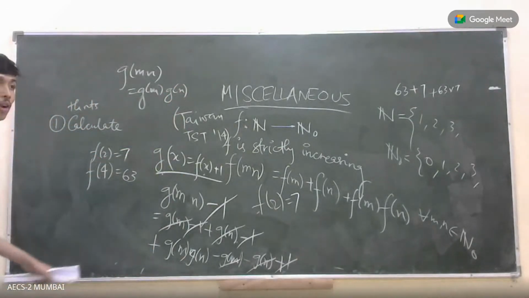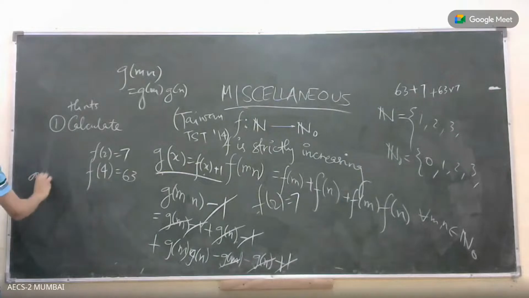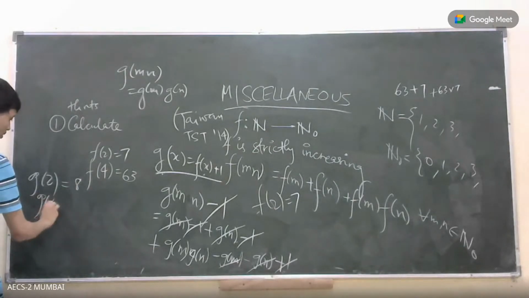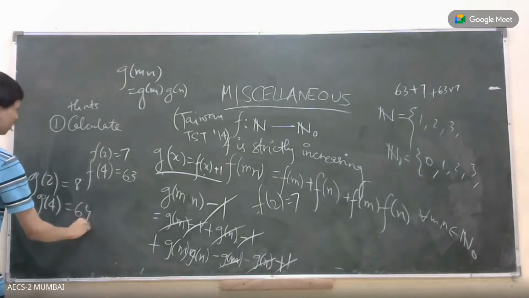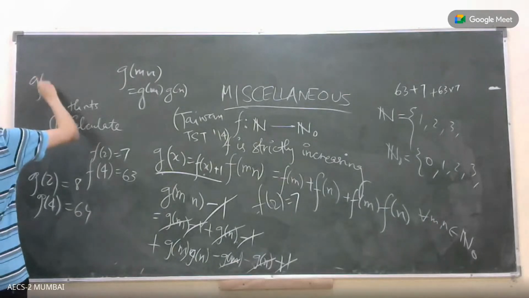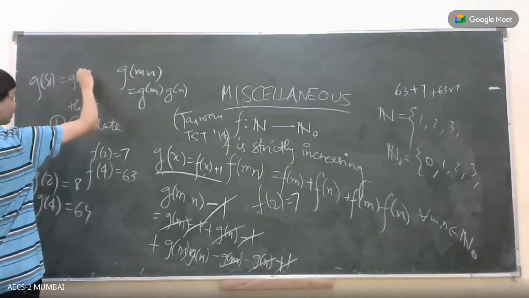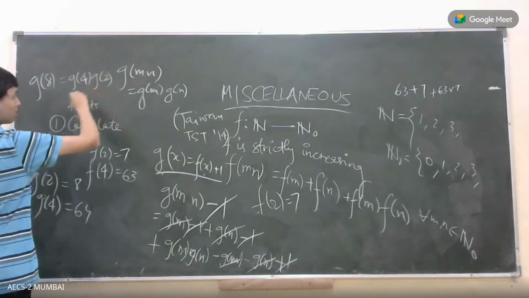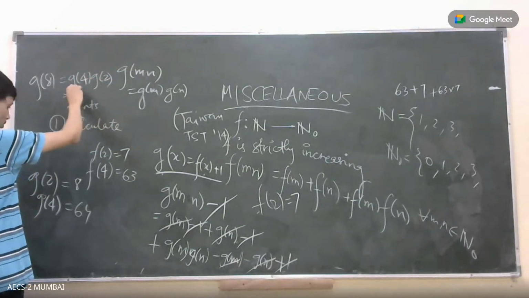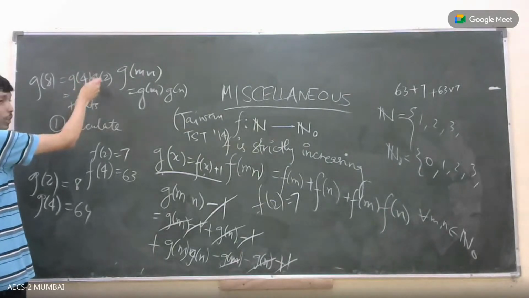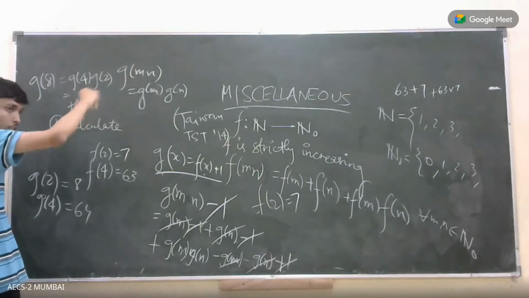And now you see what's g of 2? What's g of 4? And now it makes sense. What is g of 8? G of 4 into g of 2, right? And g of 4 is g of 2 into g of 2.